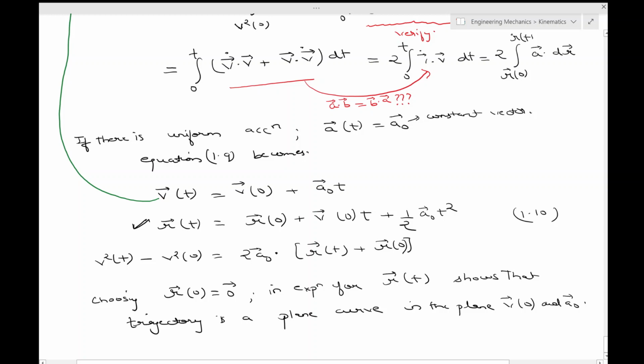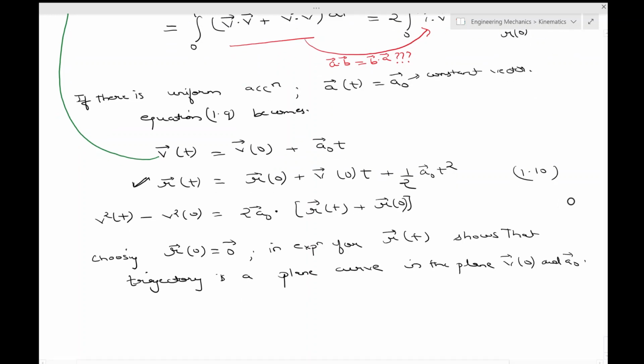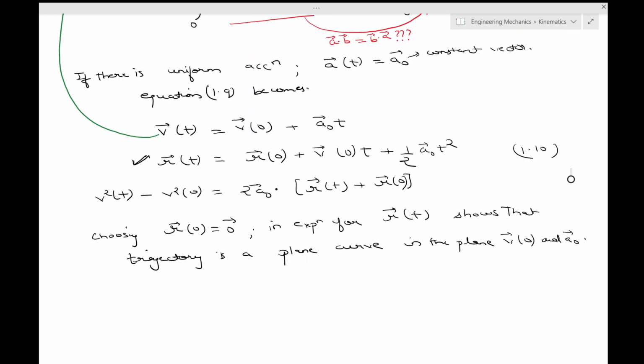Now what do we mean by saying that the vector r is a trajectory, a plane curve, in the plane of v naught and a naught?